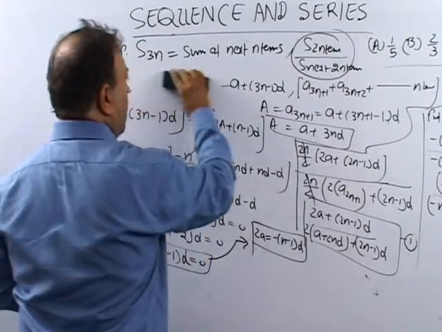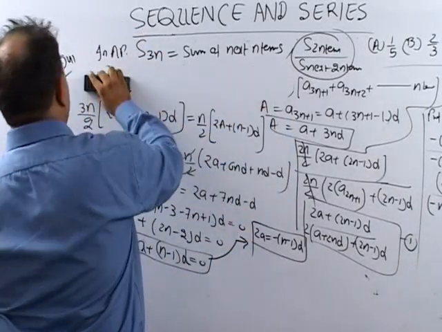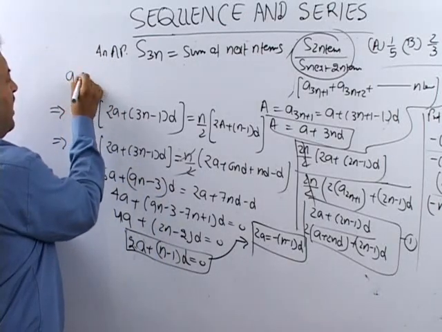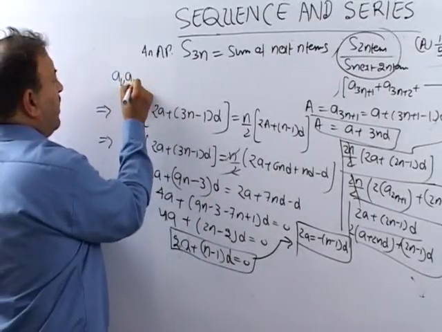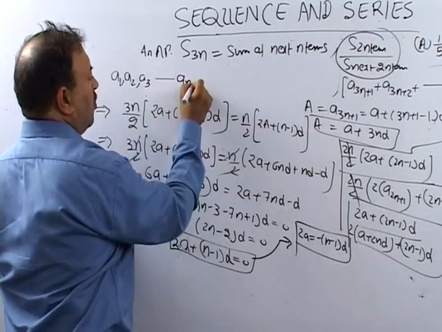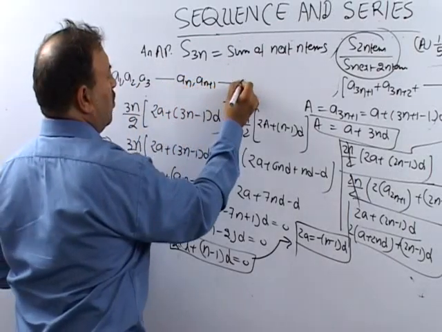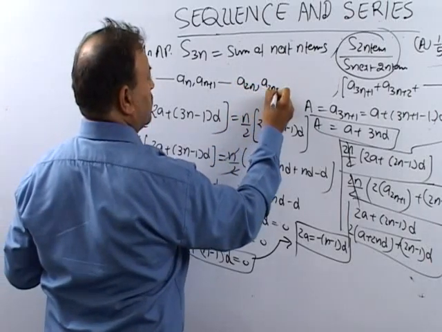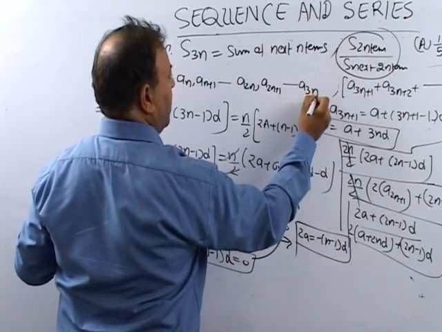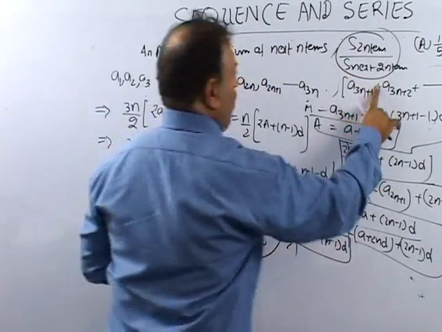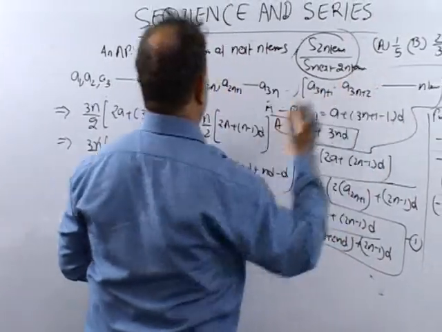However the question is given, start like that. Son, we just start from here. Say we take the series a1, a2, a3, then an, an plus 1, a2n, then a2n plus 1, a3n, and it goes on this way. If we put commas like this, the series goes on.